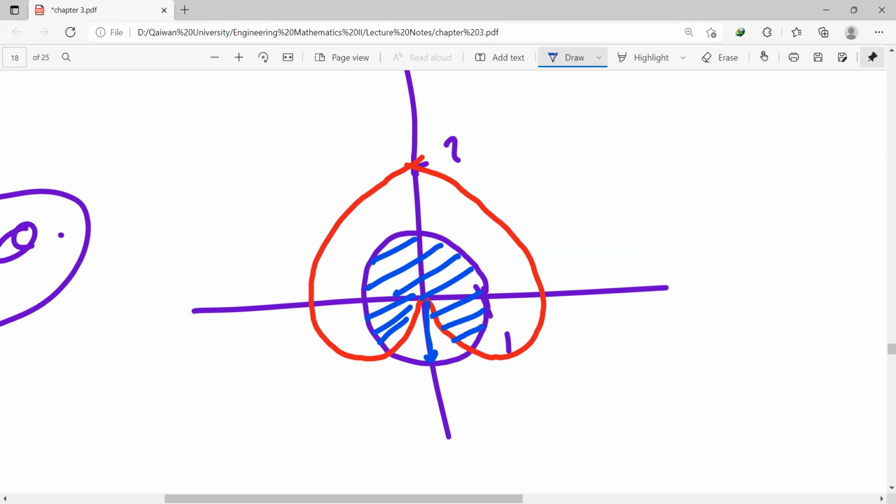And r is going, look, from the origin, it goes to there, there, there. This is the length of r, and this r also. Here the length of r is 1, so it's from 0 to 1.